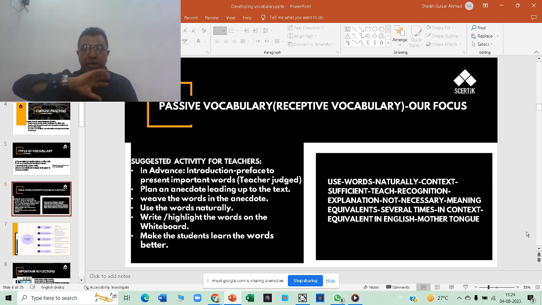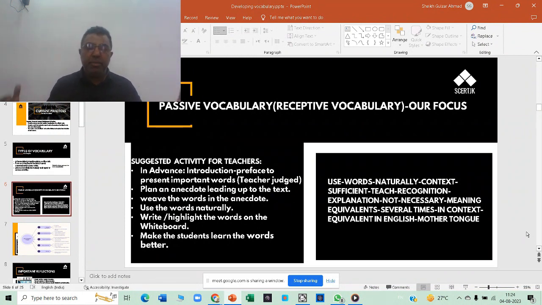Finally, after you tell the story you had planned in advance, you can write the words that you had thought of in this very story on the whiteboard. Then make the students learn the words better.